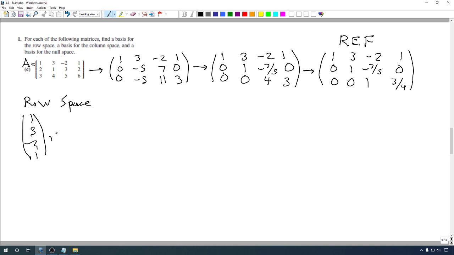But so we don't have the 5 on the bottom, we could make this 0, 5, -7, 0, and then 0, 0, 4, 3. That would be a basis for the row space. It's one possible basis.